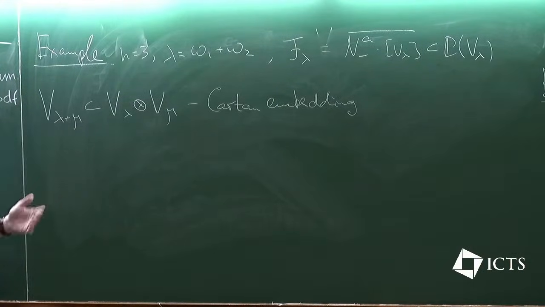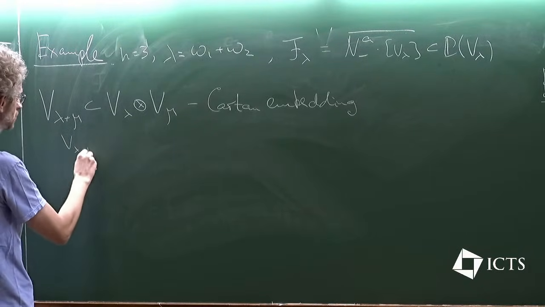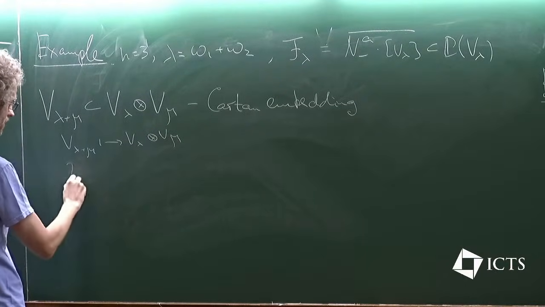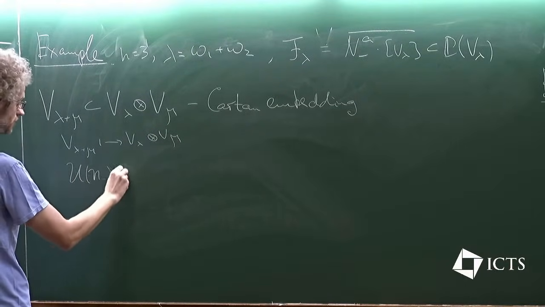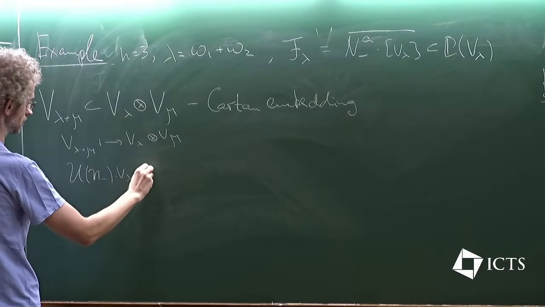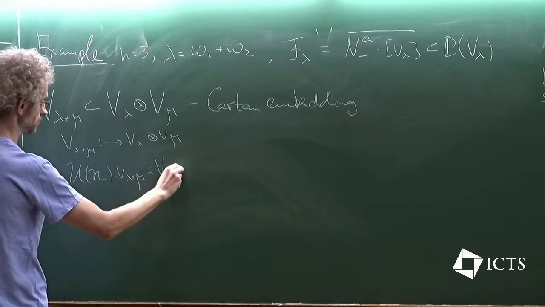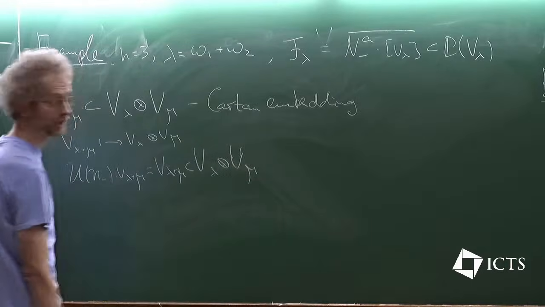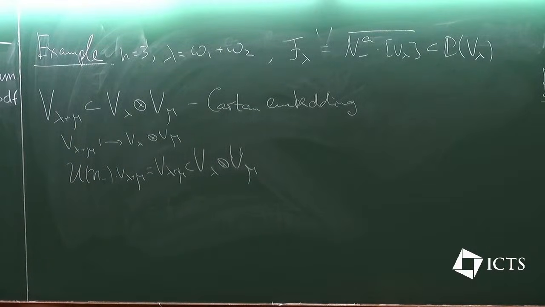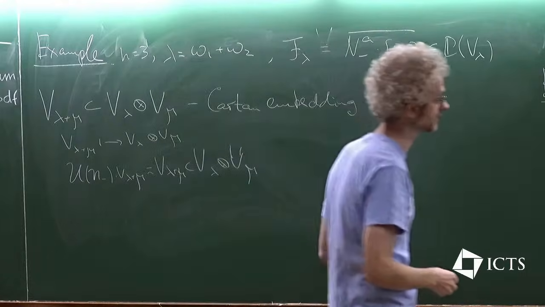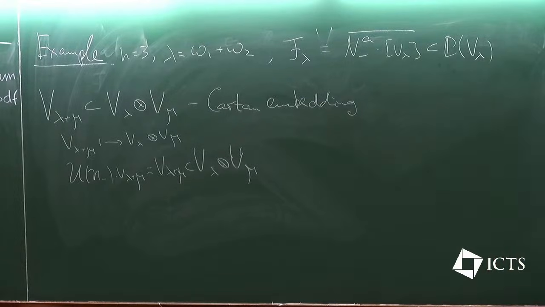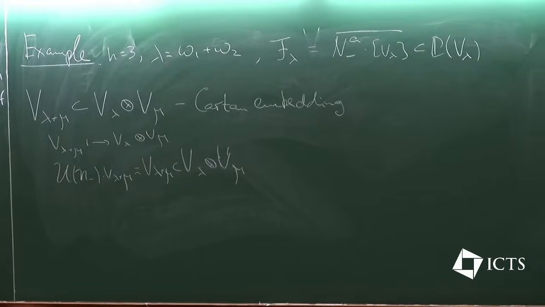And then we generate something, right? So we send V lambda plus mu to V lambda tensor V mu. And then we just apply U of n minus to this vector to generate V lambda plus mu inside V lambda tensor V mu. So this is very classical, right? And this was very important for us because using this algebraic fact, we were able to derive the corresponding geometric fact, the embedding.